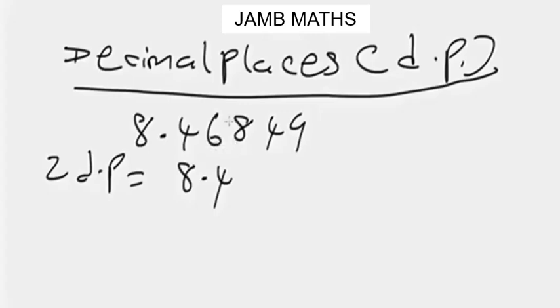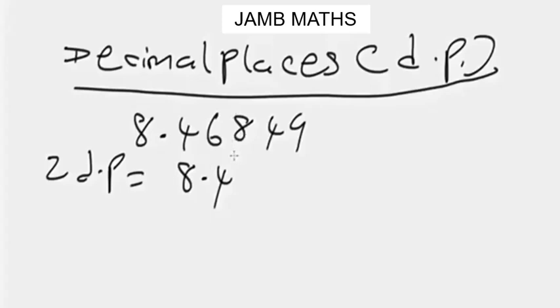So this 8 now is the third one. This 8 that is after 6 is up to 5. So once the number after the exact number we want to round off is up to 5, in this case we're rounding to 2 decimal places, and this 8 after this 6 is up to 5, you approximate it as 1.